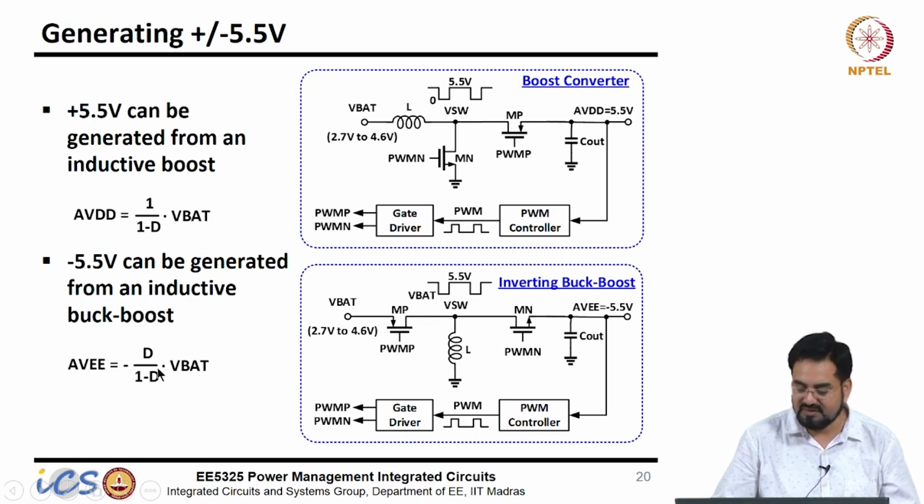If it is positive, we already know it's a buck boost, D over 1 minus D. The only difference is it gets a negative sign here. Both have their own control loop: 5.5 volt will be regulated by the boost, and minus 5.5 volt by the buck boost. It's a bit expensive, but in terms of efficiency it may be better, because it doesn't require any LDO.